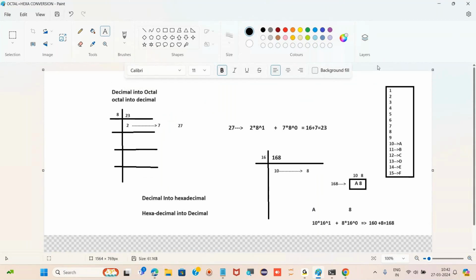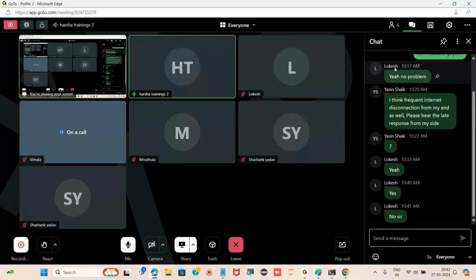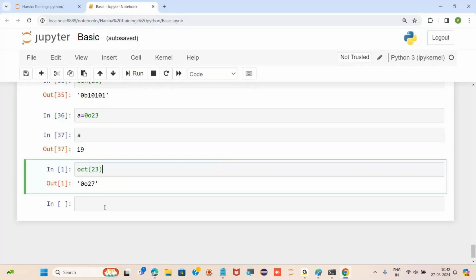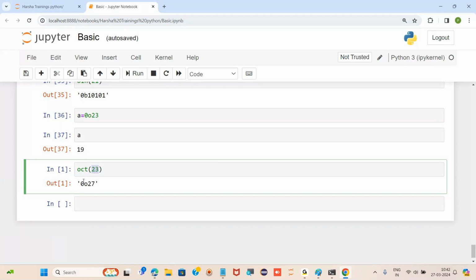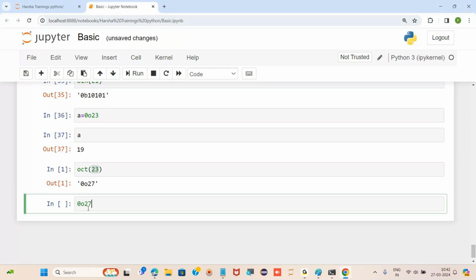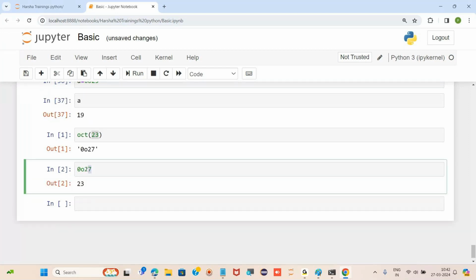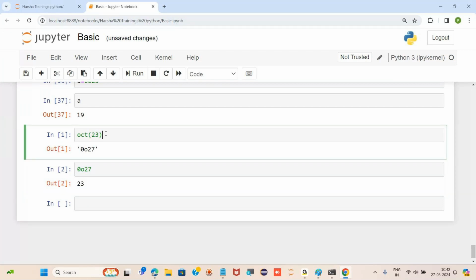Now, let's suppose this is a decimal value, and we are converting this decimal value into octal. Same value we will consider. It returns 23.